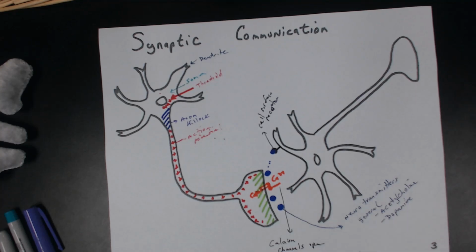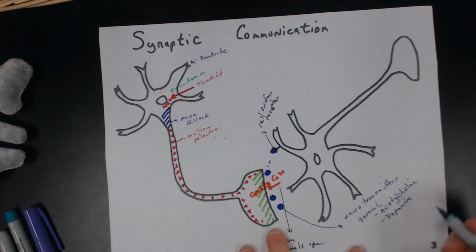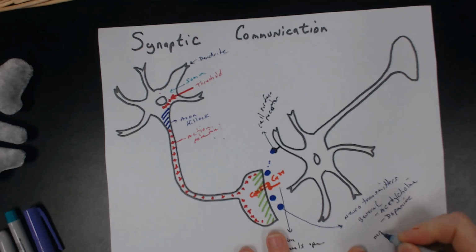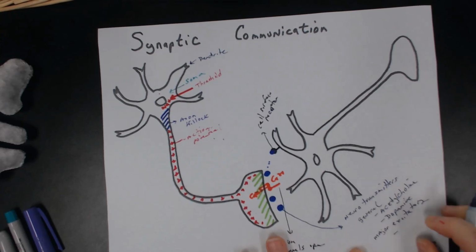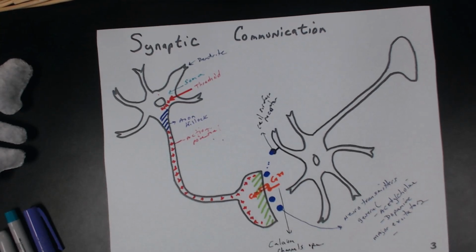Now there are going to be other neurotransmitters. These are two general neurotransmitters, so is there a major excitatory one? No, not serotonin. Anybody?